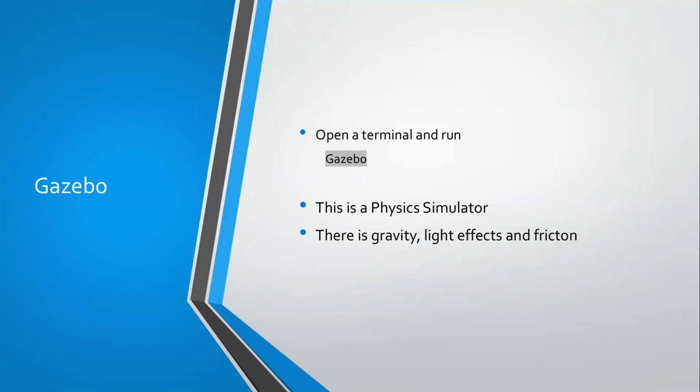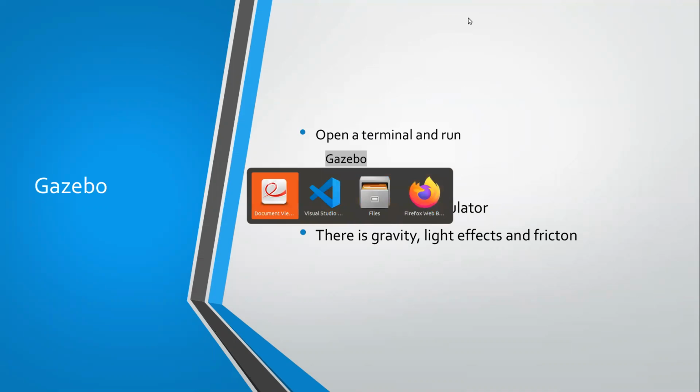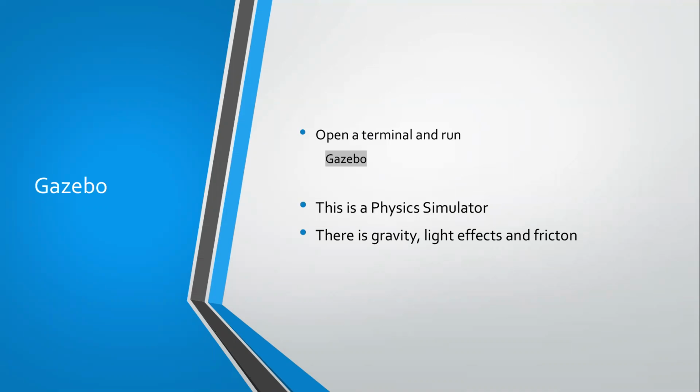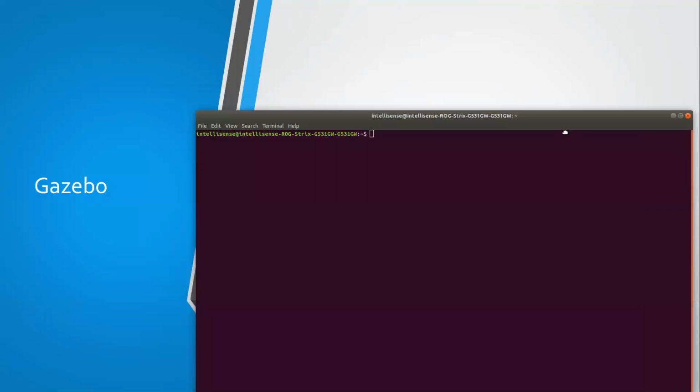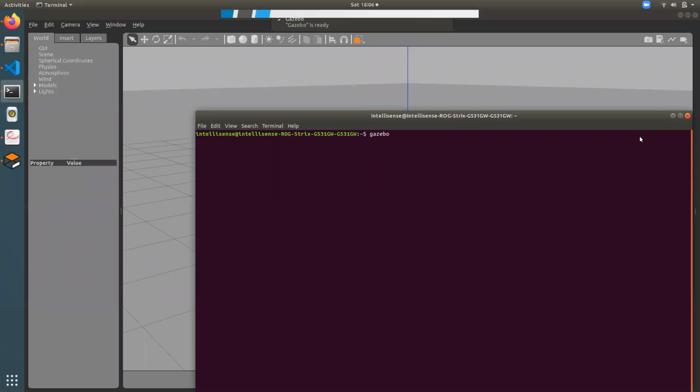First things first, I think you did the full desktop installation when you were installing ROS. Assuming that, I'll first show you what Gazebo is. You can just open a terminal and type gazebo, and it will start the Gazebo simulation environment.